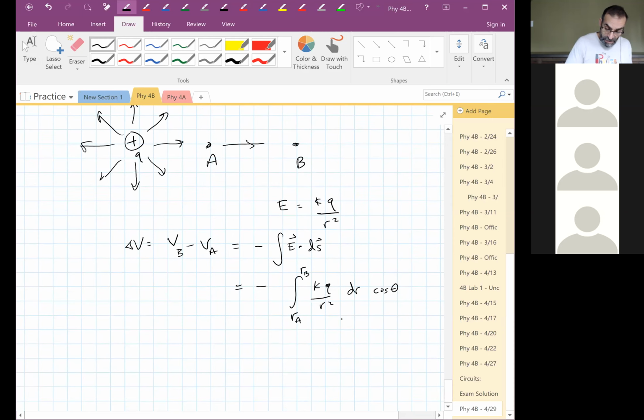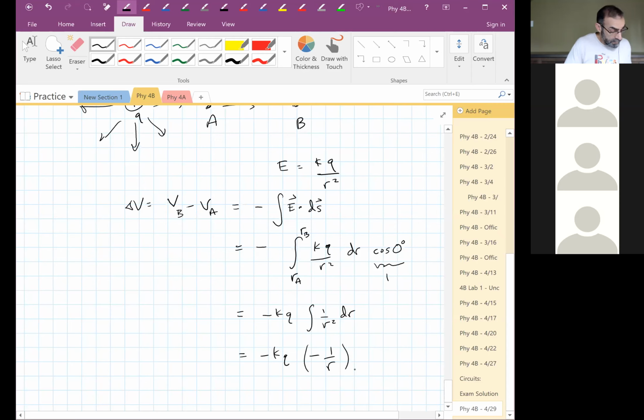Cosine 0 is 1. And so I get a negative KQ integral 1 over R squared dr. That's minus 1 over R from RA to RB, right?